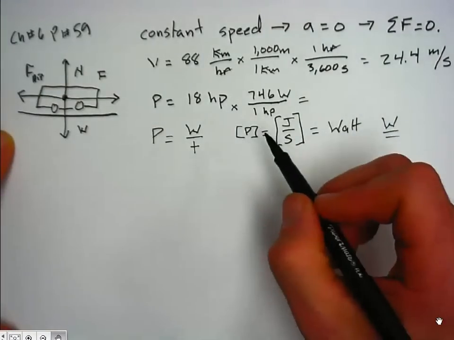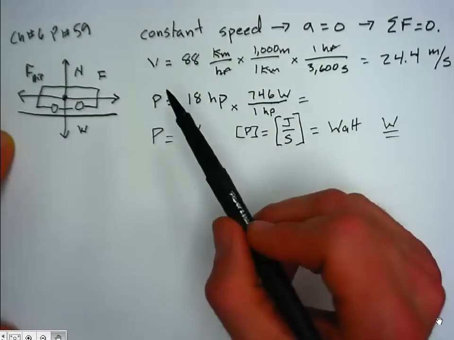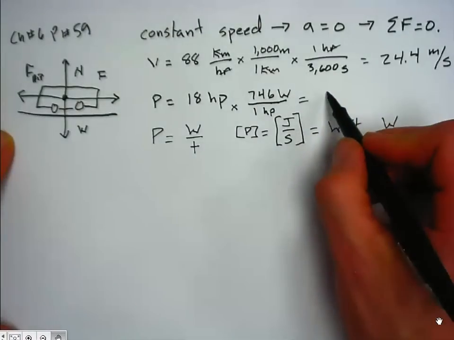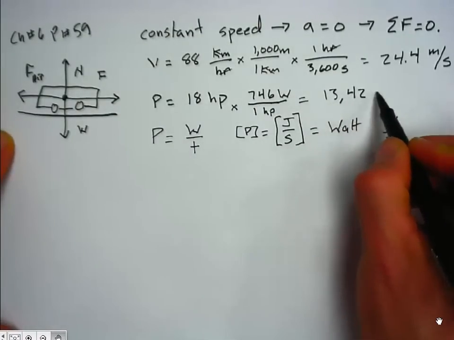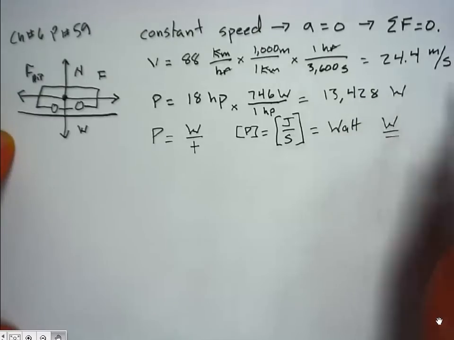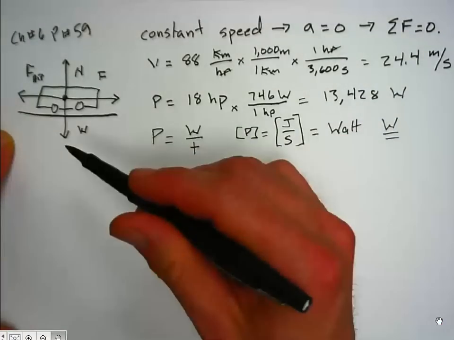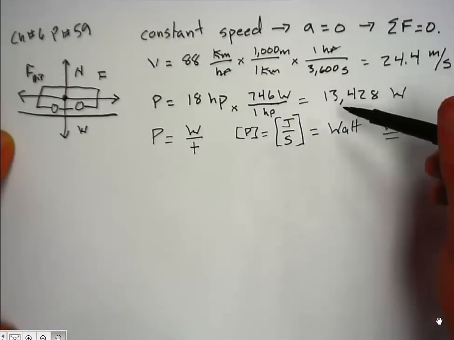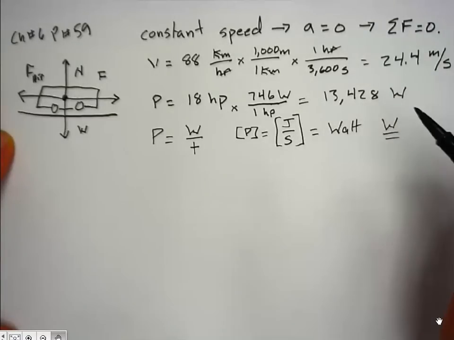So if I multiply this out, the engine is exerting a power of 18 horsepower, which turns out to be 13,428 watts, right? So every second that goes by, this engine does 13 kilojoules of work, 13,428 joules per second. Pretty powerful engine, right?